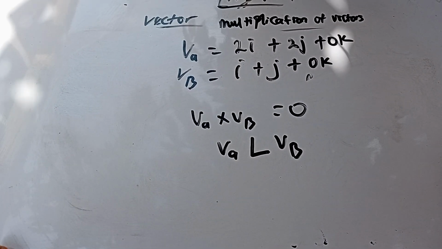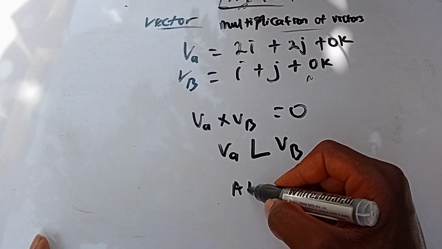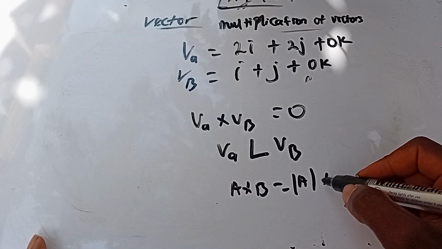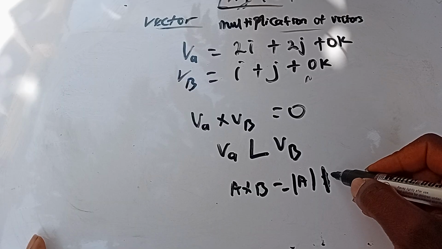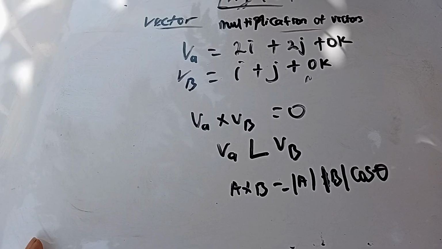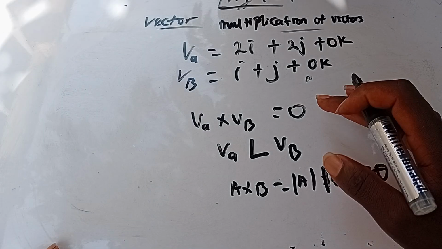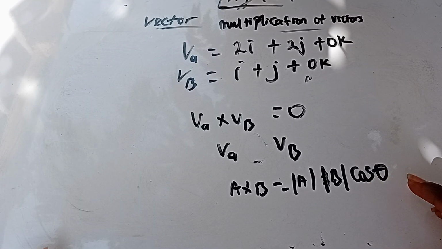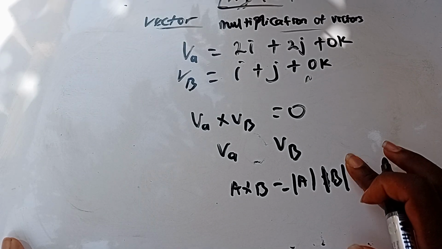Why? Because for cross product, the formula is A cross B equals magnitude of A multiplied by magnitude of B cos theta. Am I right? No, sorry, this is the dot product. Cross product is sin theta.